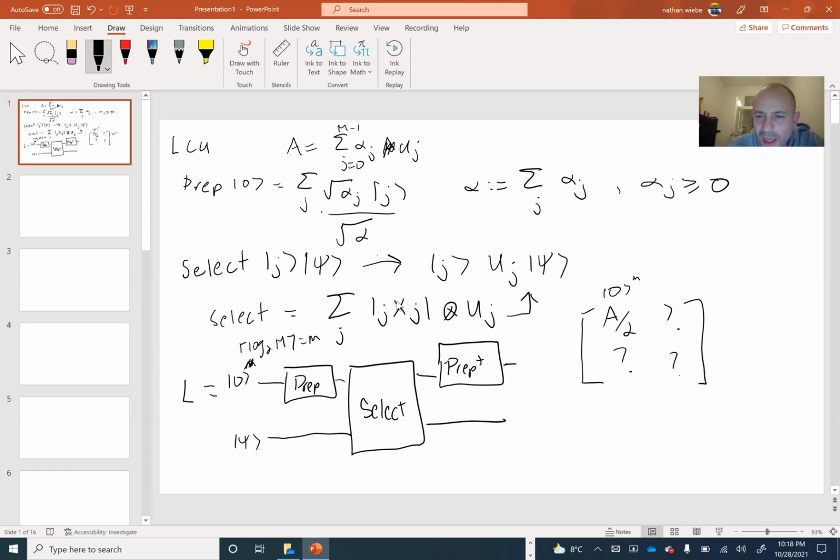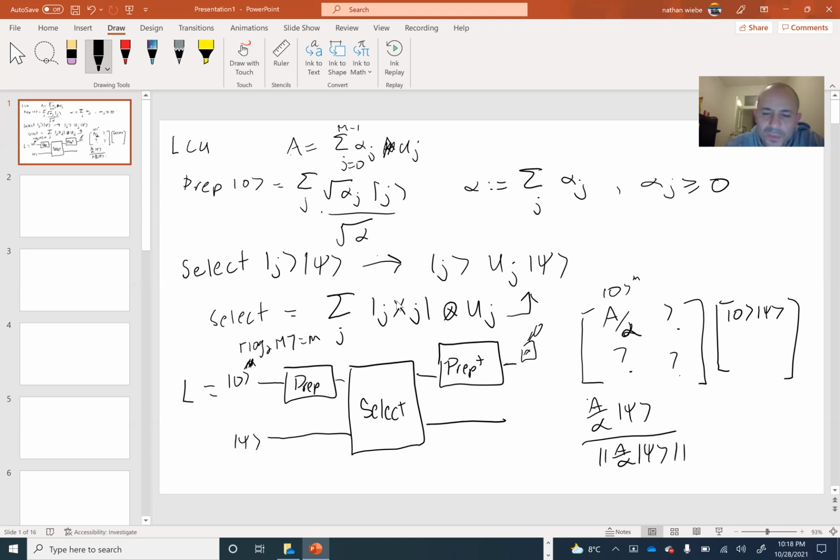In particular, if we apply L on the initial state 0 psi, and then measure these outcome bits to be 0, we end up getting A over alpha psi divided by the length of A over alpha psi. Another way of expressing this, if you recall, is that we can express A over alpha as a projector onto this block.